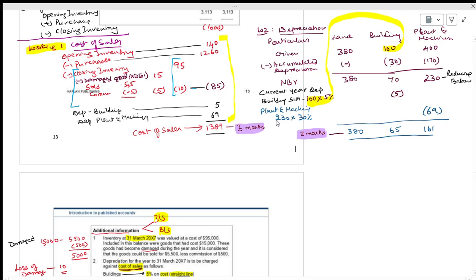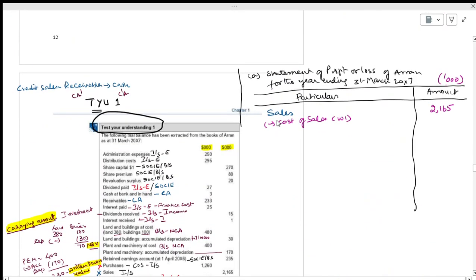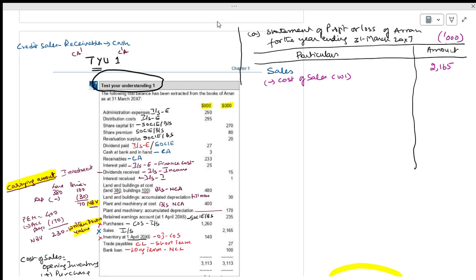Yes, doctor. Okay. Now take this cost of sales, working one. How much is there? 1389. Okay, 1389. From the sales you have to deduct. Slowly do it. Don't rush. Okay, but follow me. How much you will get?